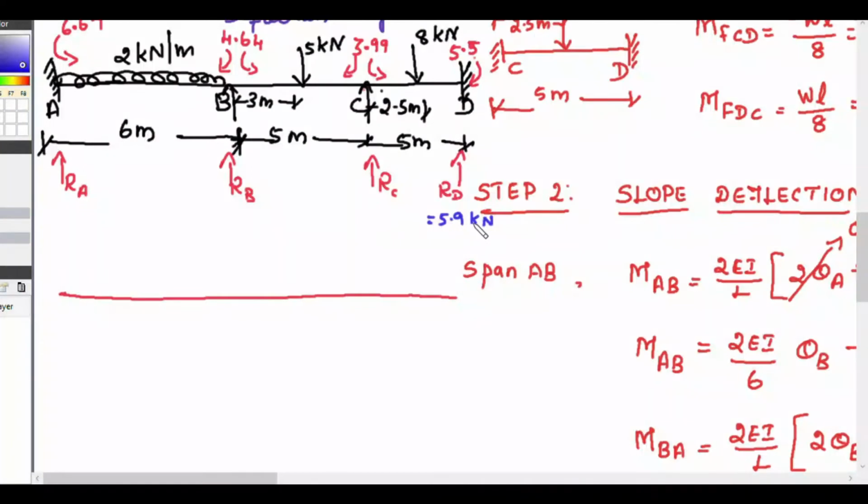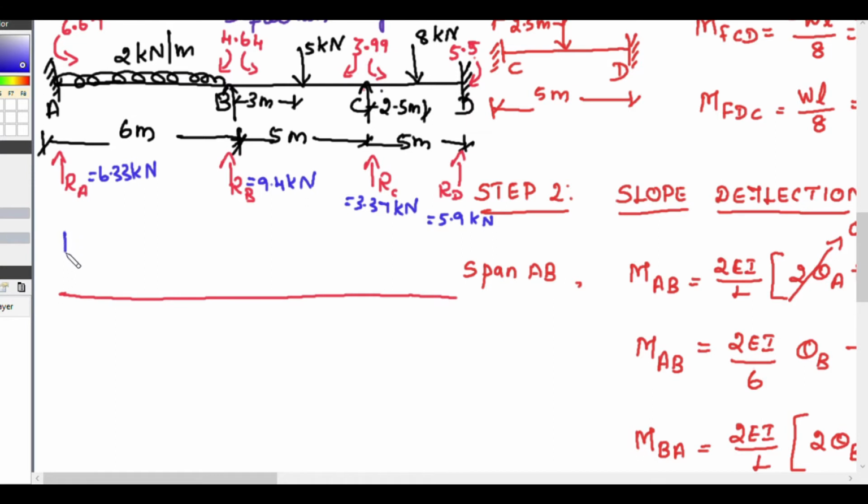Okay, now we can draw the shear force diagram. So RD is 5.9, RC is 3.37 kilonewton, RB is 9.4 kilonewton and RA is 6.33 kilonewton. Now we can draw the shear force diagram. See at A, RA is 6.33.